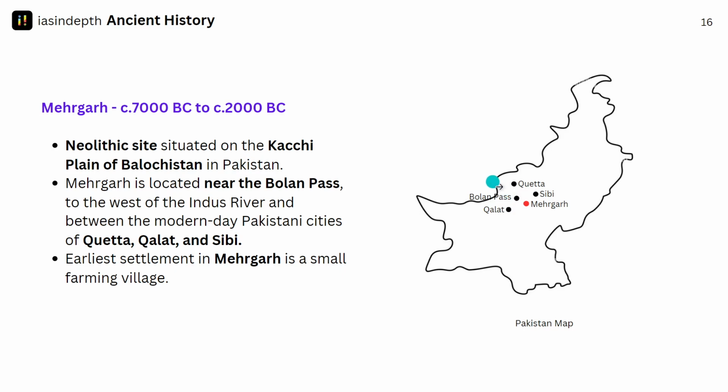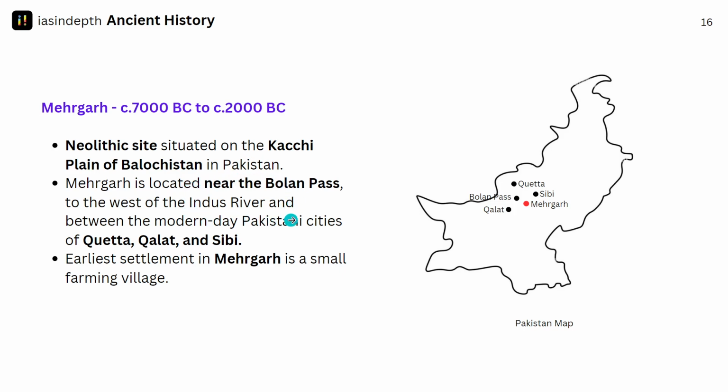It's very near to Afghanistan. And to the northwest, you will be able to see Quetta, an important city in Balochistan. And Sibi, I don't know whether it is in Balochistan or Khyber Pakhtunkhwa. I think it's in Balochistan. And to the east, it's Sibi. And to the southwest it's Kalat. So in between Quetta, Sibi and Kalat, you will be able to see the site of Mehrgarh, to the west of the Indus River.